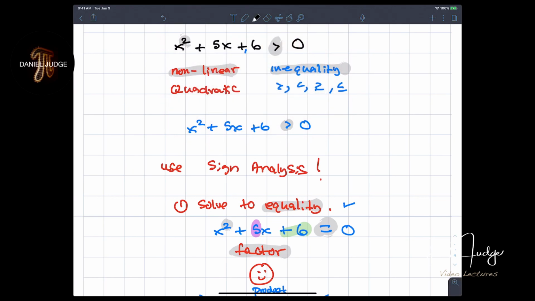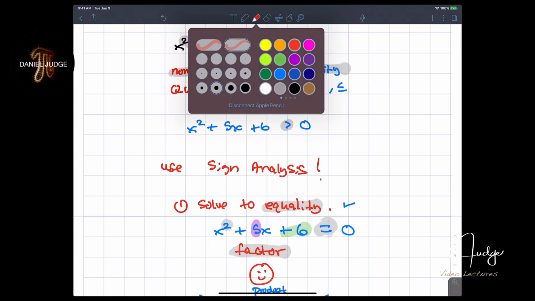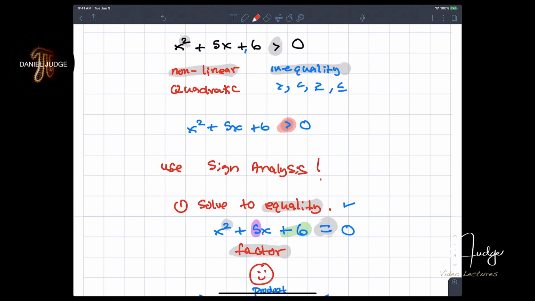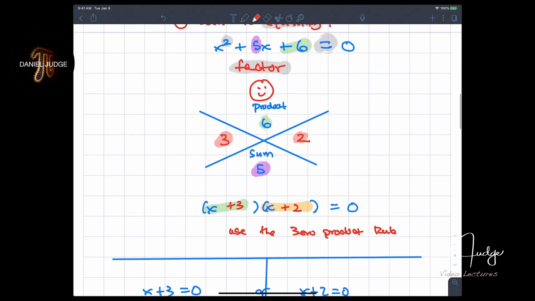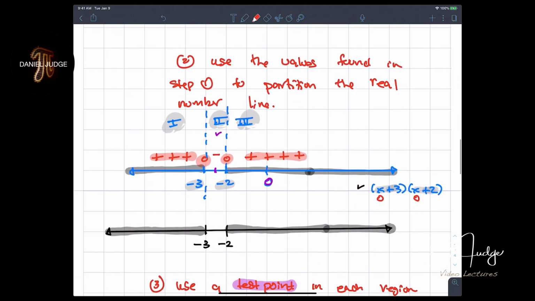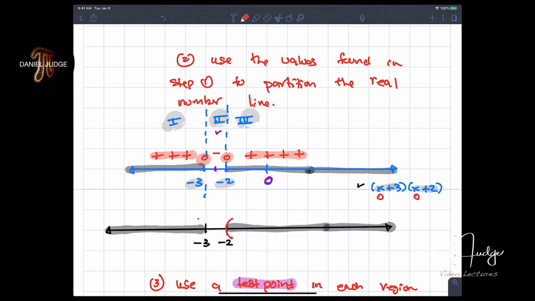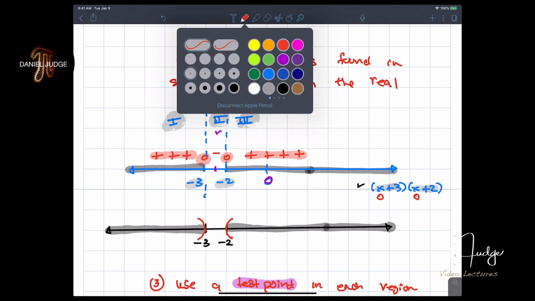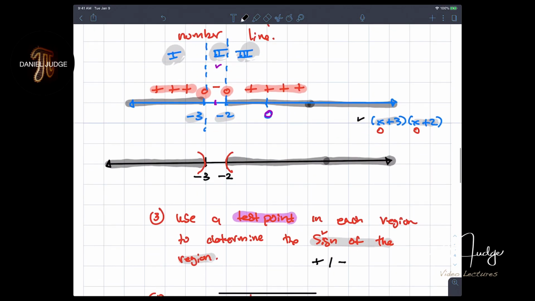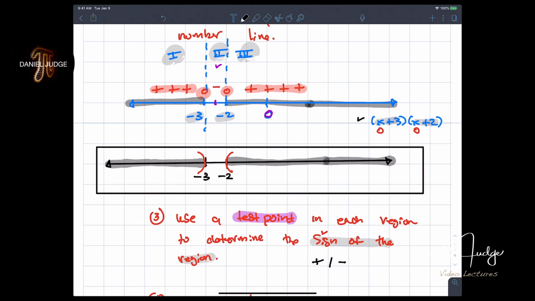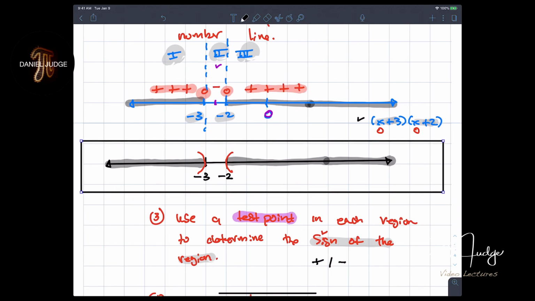We have strictly greater than here. That's strictly greater than. That means we don't use the bracket. We use parentheses. So, ladies and gentlemen, this is the graph portion.